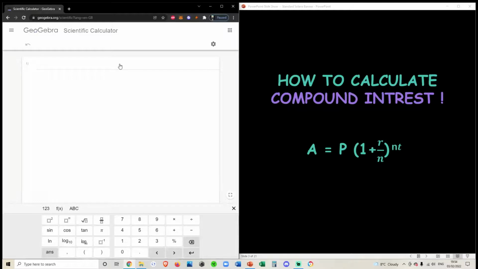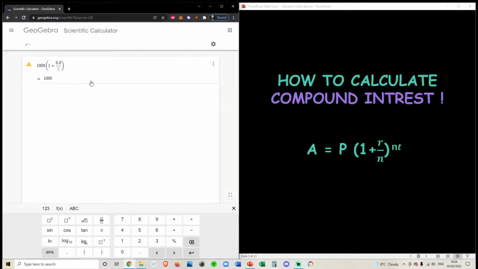Alright, let's say we found a stock that pays us 7% annually, and we want to invest in this stock for the next 2 years. What we're going to do for this example is pretend we're investing $1,000 in this stock. You simply need to close brackets, 1 plus, this is R over N. So we said for the interest rate we would be making 7%.